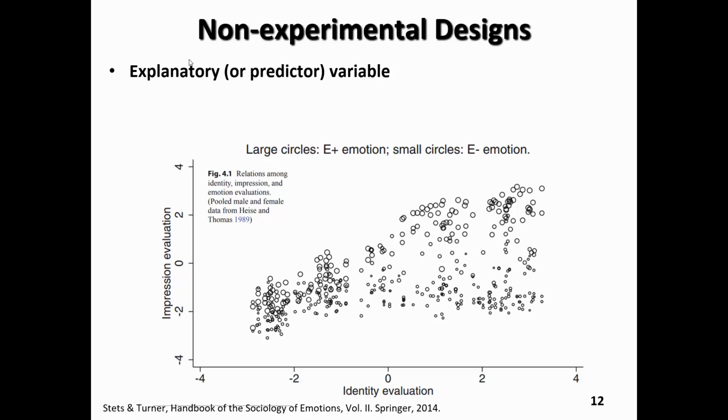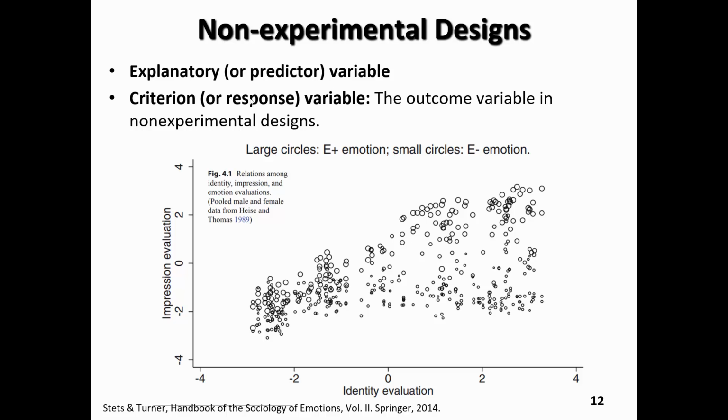These involve what are called explanatory or predictor variables and criterion or response variables. And so these are two separate variables in non-experimental designs that focus on oftentimes either just describing a group or trying to predict an outcome.